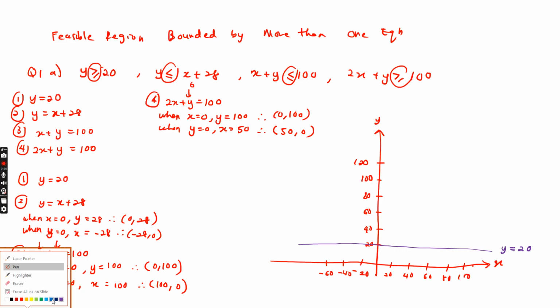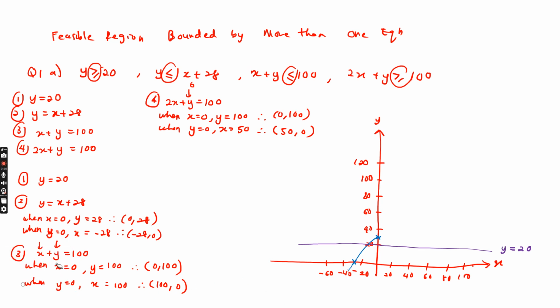So here I will use another color. 0, 28, maybe around here. And then another one we have negative 28, 0. So it should be around here.